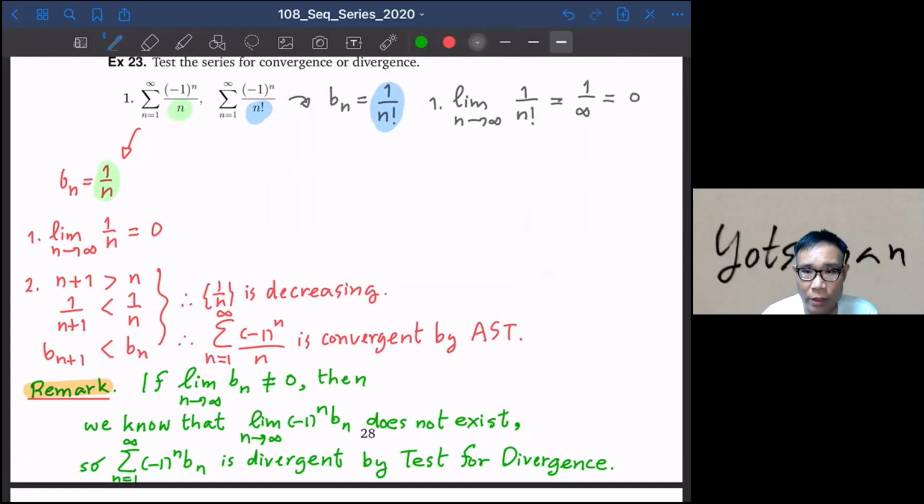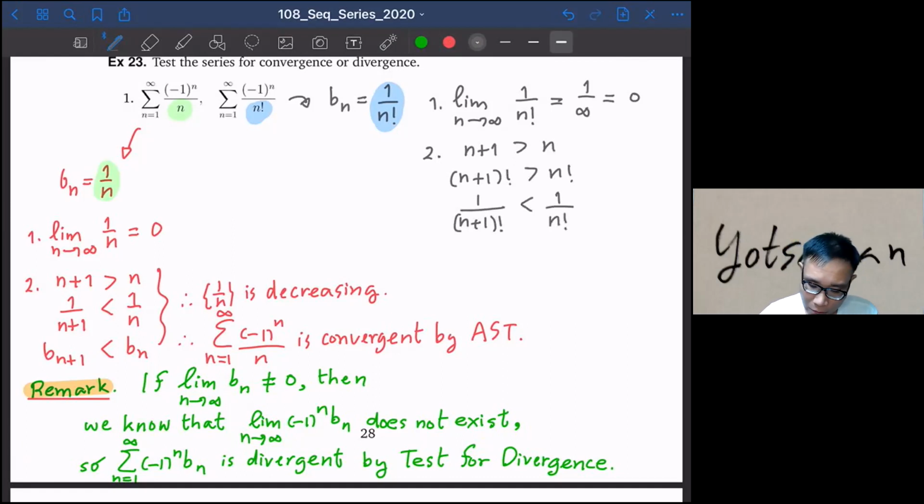Infinity factorial turns out to be really large. The second condition: n plus 1 is more than n, so (n+1) factorial is greater than n factorial, and you flip this, so you have 1 over (n+1) factorial smaller than 1 over n factorial. So the sequence 1 over n factorial is decreasing.